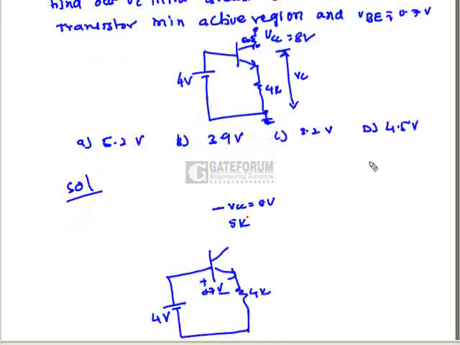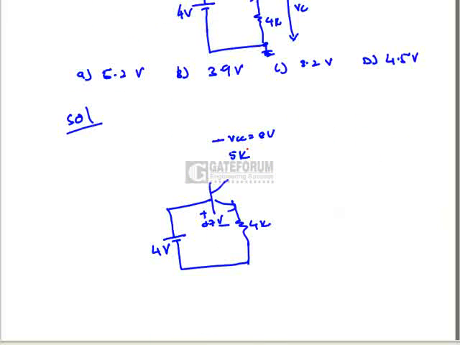If we apply a KVL equation in this loop, here VB is given as 0.7 volts. Applying KVL: minus 4 volts plus 0.7 plus, let us take this current as IE, because this is an emitter, 4k multiplied by IE equals 0.